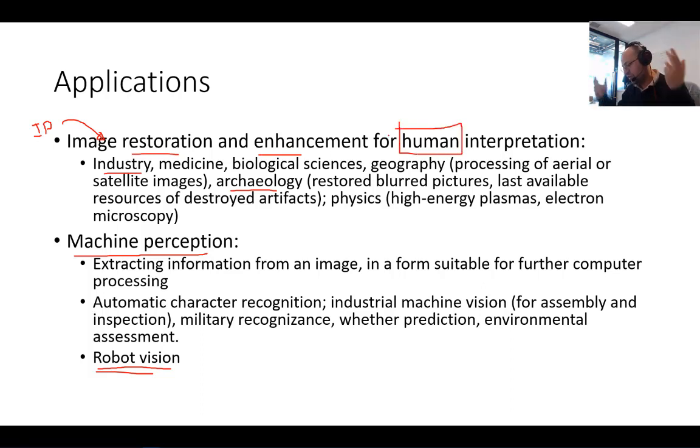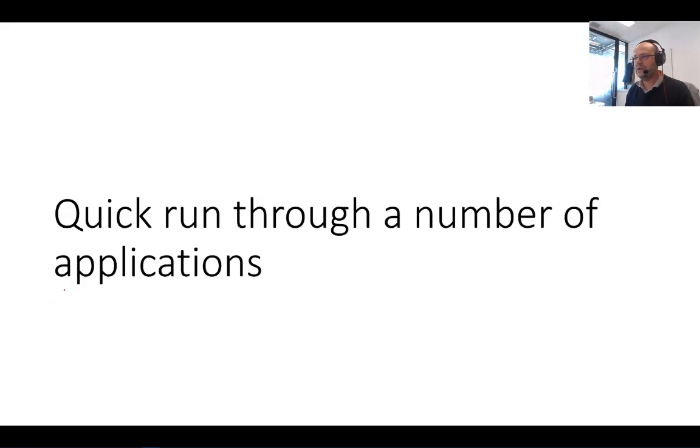So when we want to modify an image for human use, be it for medical diagnostics, or for a scientist to analyze microbia, or for the physicist to analyze particles from pictures, when it's used for human interpretation, it's called image processing. When it's used for machines to do something about it, such as in a robot, it's called computer vision.